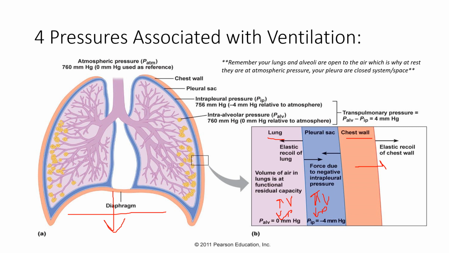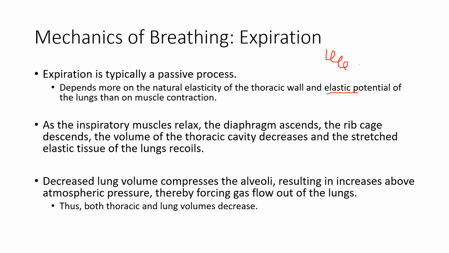So at the end of expiration, the force coupling favors the elastic recoil pressures in the lung, causing it to recoil. So basically what happens is as we expand and fill the lungs, the outward pull of the chest wall decreases, whereas the inward pull of the lungs increases, and it causes the lungs to want to recoil back.